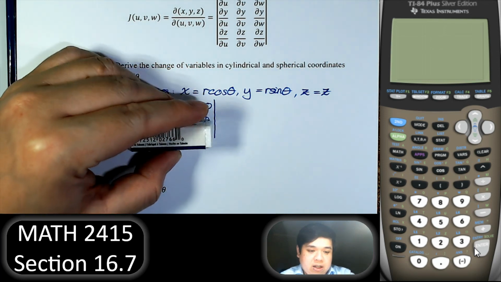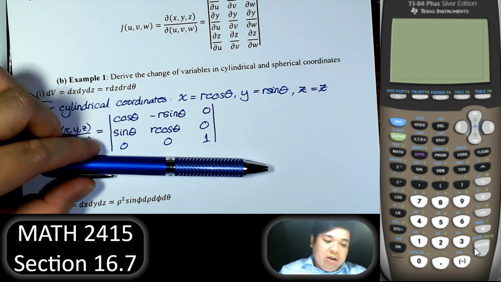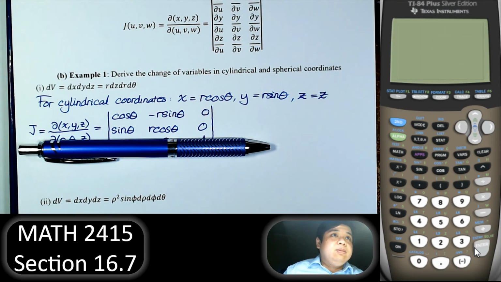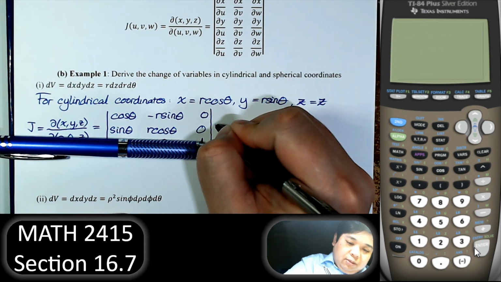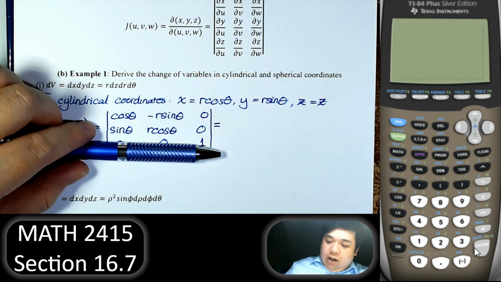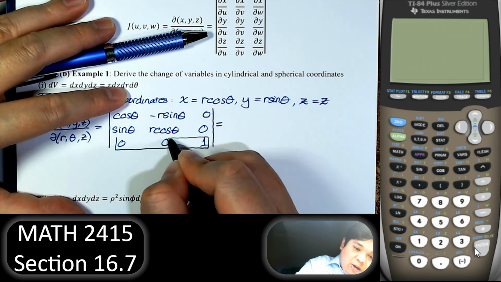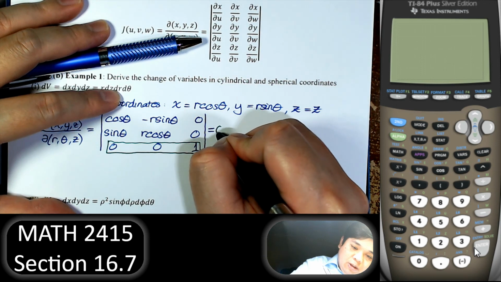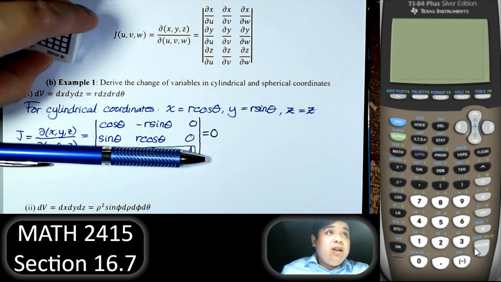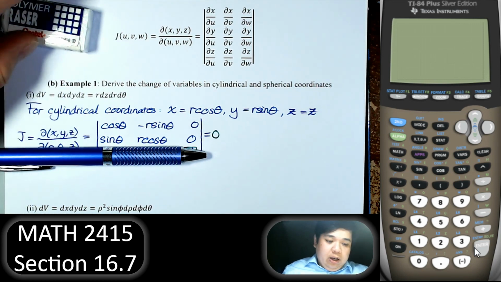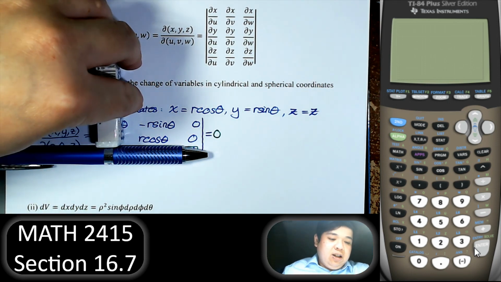So let's evaluate based on the last column here, last row here. So if we evaluate based on the last row, we have 0. After that, we'll cover the row and column containing that entry.